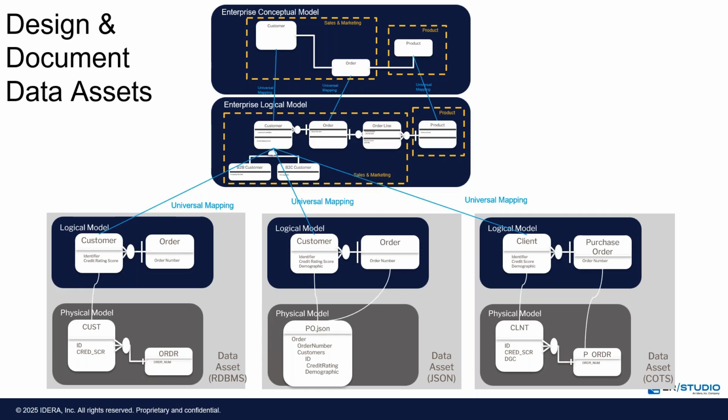So it'll have tables for a database, it'll have fields, etc., for a JSON asset, and depending on how the packaged software is presenting and storing information, it may be in something else completely. And from the physical model, it's good to be able to, again, further abstract that to really the logical layer, but it's still important then to be able to map these up back into our enterprise representation.